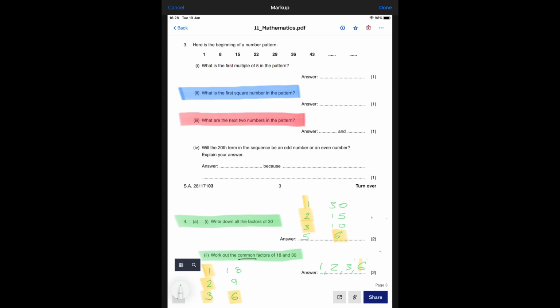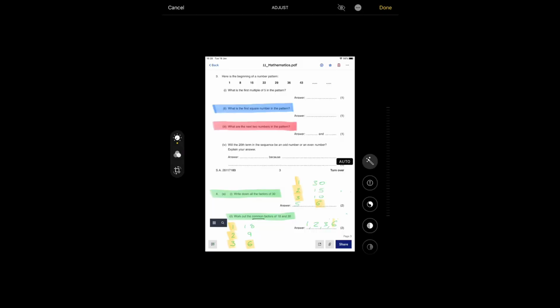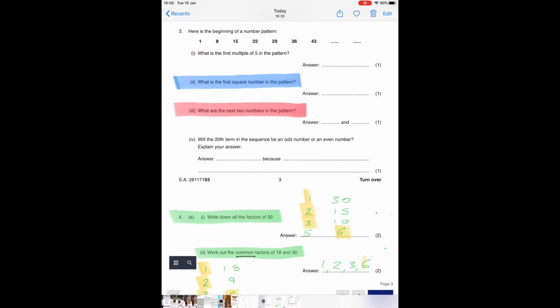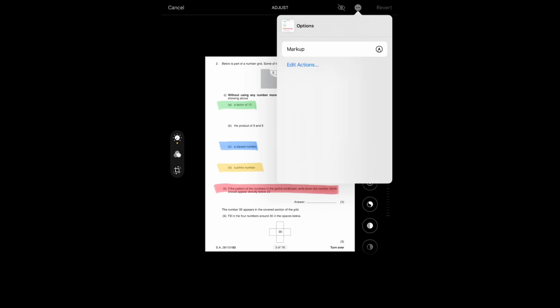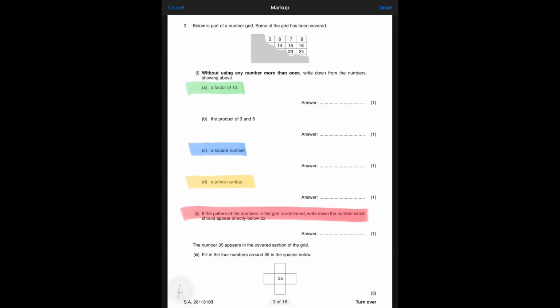Okay? Let's take that knowledge and apply it to some of the other ones. Essentially, a factors question is, again, a test of your times tables. That one was quite a tricky one. Let's look at this one here. A factor of 12. So we're looking for a number up here that 12 is in the times table.